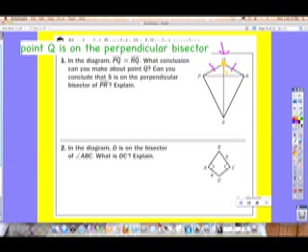Because from the picture I'd say, yeah, because we can draw a line from Q to S, it would have to be on the perpendicular bisector. However, in order to be absolutely safe, we would need to know that this is congruent to this. Do we know that just from what's given? No, we don't. So that's a question that I would absolutely not ask on a quiz or a test because that's misleading. Okay, biggest thing on this one, we know for sure that Q is on the perpendicular bisector, like we typed in.